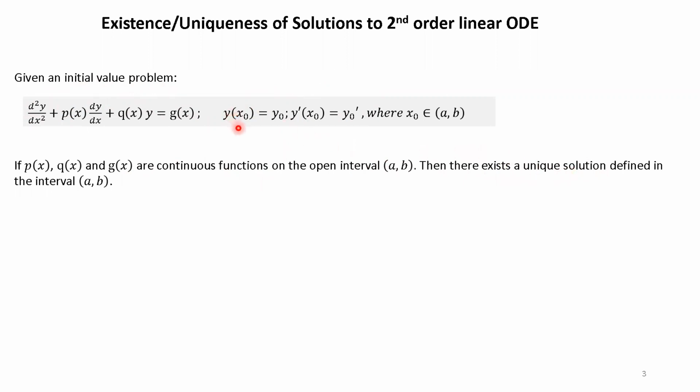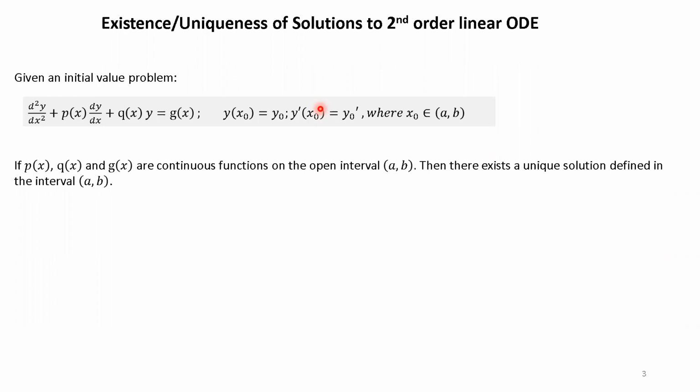Here you can see that in the second order ODE, I need two initial conditions instead of one. In the first order ODE, I just need to tell you, at some point x naught, what is the value of y. That's just one initial condition.